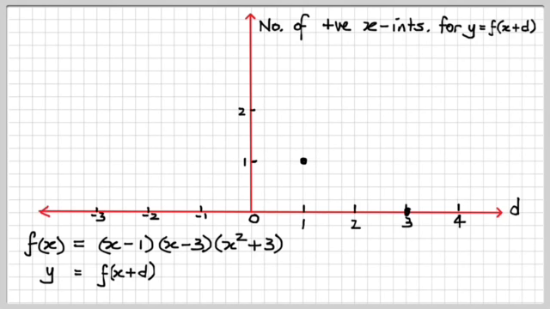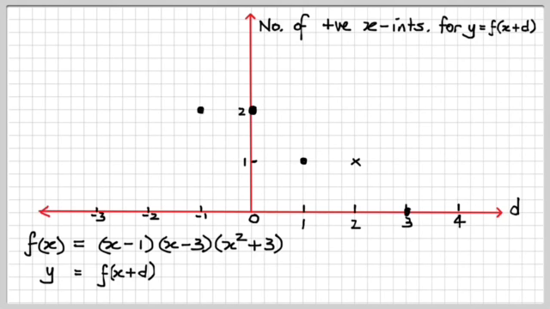I'm building up a picture. If d was 2, you've still got 1 positive x-intercept, but one of them is the one where x was equal to 1 is now over to the left of the y-axis. Okay? Get that? What about if d was 0? Well, if d was 0, you've got this one and you've got that one still in business. There's still, that one's at x equals 1, this one's at x equals 3, so you've got 2 positive x-intercepts.